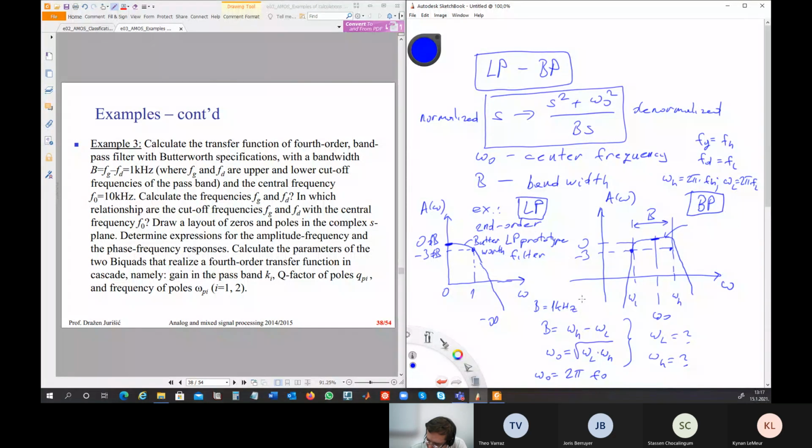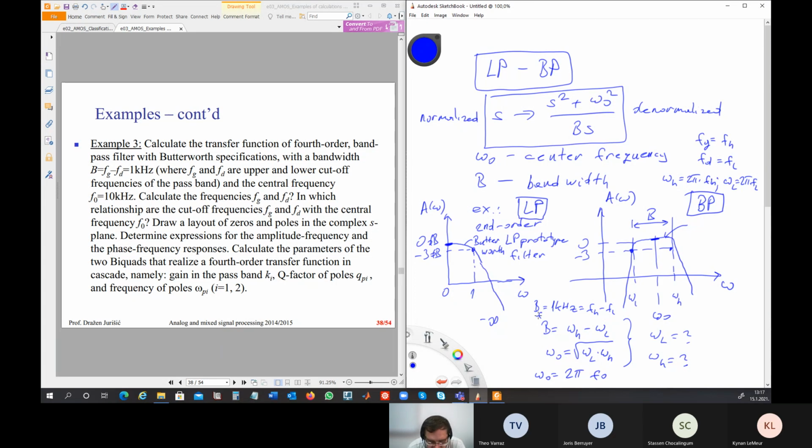But this is B, which is F high minus F low. And this, let's say B prime, can be expressed by B times 2 pi, or just without, just to see that these two are not the same. Okay, so let's call this BF, not B omega, but BF.